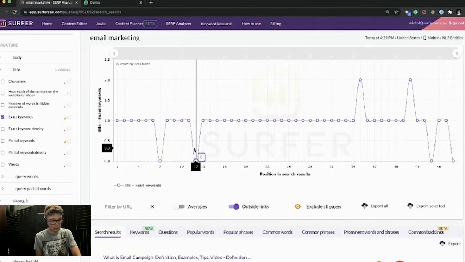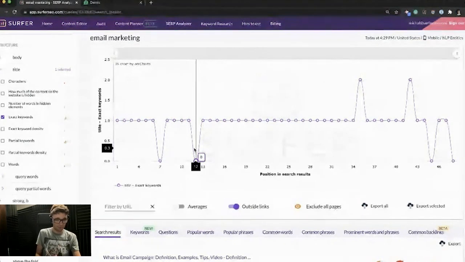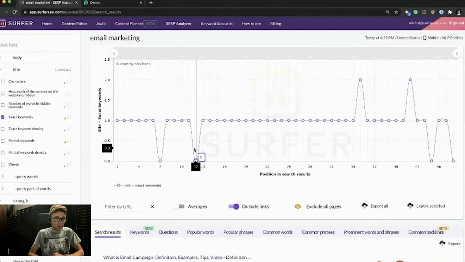As I can see, they are explaining email campaigns. An email campaign is definitely a part of email marketing. So it's definitely connected, and they are not ranking by accident. Let's try to fix their page in terms of this particular keyword.